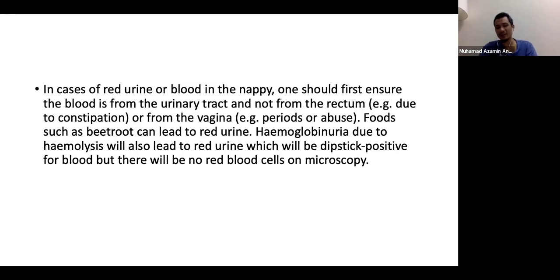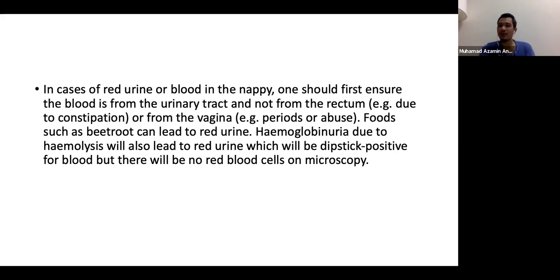However, if you get a 6-year-old coming with a period, then you need to think about precocious puberty, or it could be abuse as well. But obviously, abuse should show more than that. It means if it's really abuse, there should be bruising around the labia majora, or other signs to suggest abuse anyway. Okay, as I mentioned before, beetroot can cause red urine.